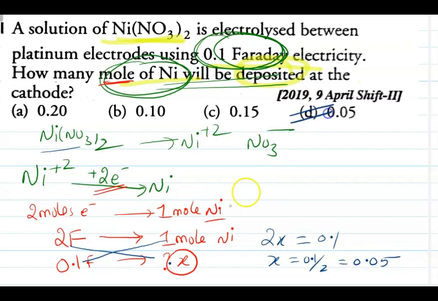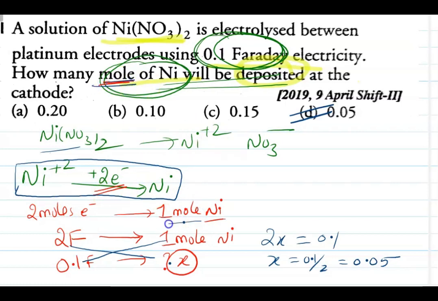So the answer is 0.05. Very clear, very easy. You just need to write the reaction of deposition or liberation, whatever is given. Then relate it with the number of electrons and number of moles. If moles are asked in the question, take moles. If grams, you should take atomic mass. Then simply cross multiply and get the answers.